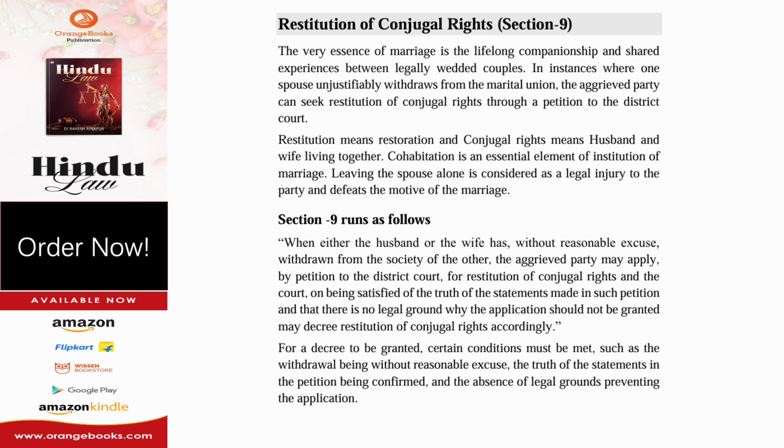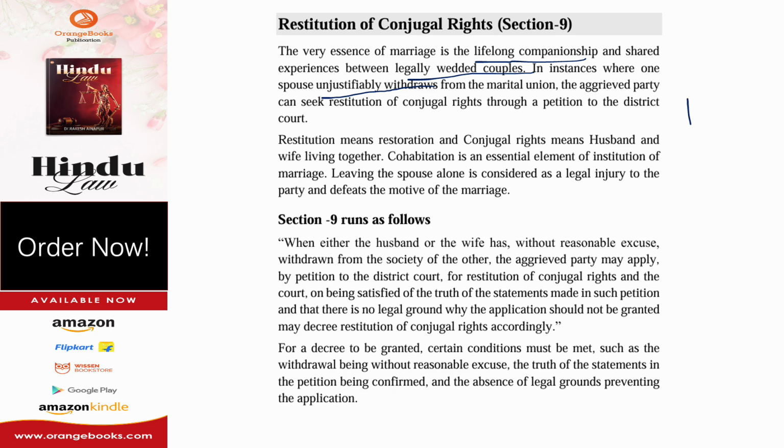So restitution of conjugal rights is part of Section 9. We know that the very essence of marriage is lifelong companionship, where husband and wife live together as a legally wedded couple, right? But in some instances one spouse unjustifiably withdraws from the marital union.